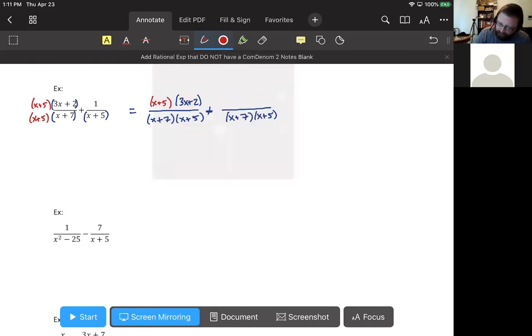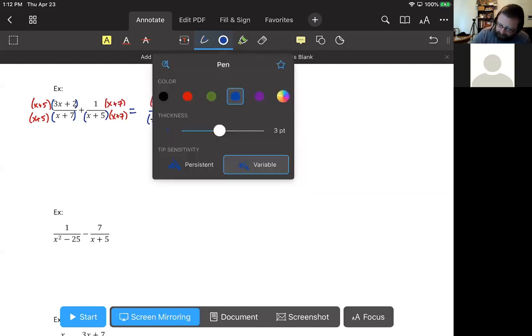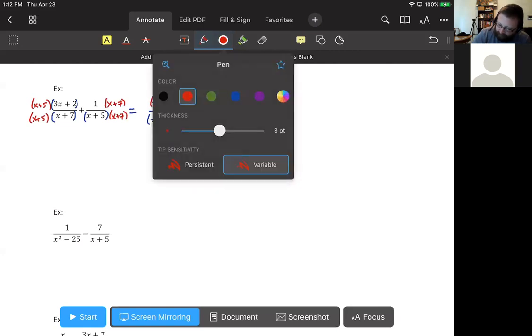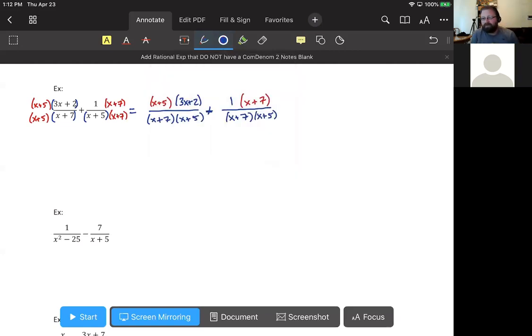And then the second fraction has an x plus 5, so it needs an x plus 7. So we have to multiply the bottom and the top of that fraction by x plus 7, which would give us 1 times x plus 7 over x plus 7 times x plus 5.